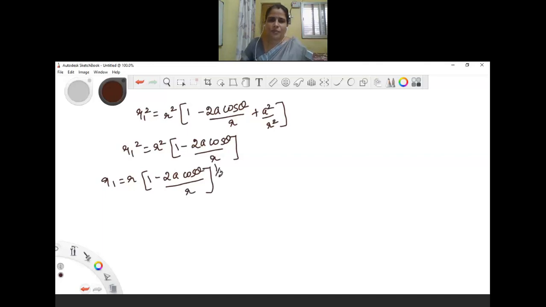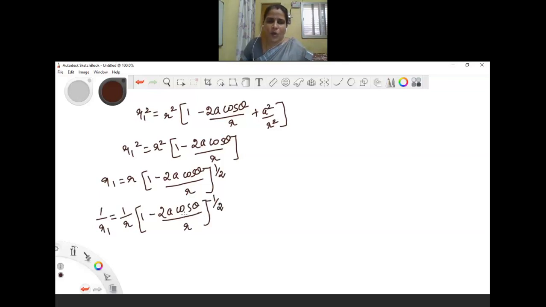Now let us take the reciprocal of this. So you will get 1 by R1 is equal to 1 by R, and this plus half will become minus half.